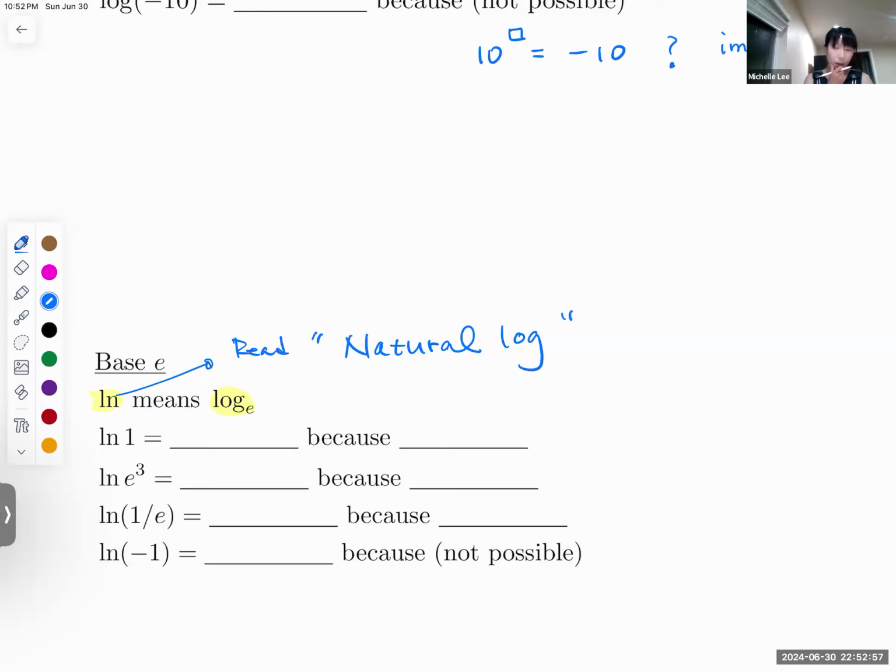All right, so let's answer this one. ln 1 means we fill up the blank: e to some number. So think e to the other side makes the answer, right?